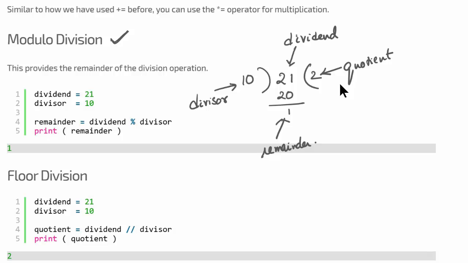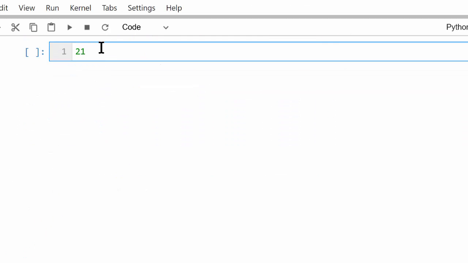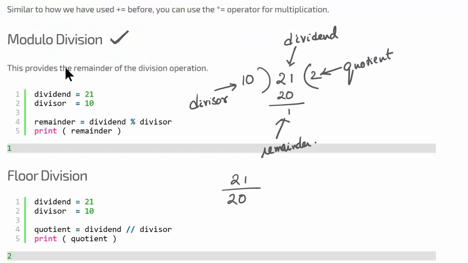Now when you divide 21 by 20, let's do a quick division. What is 21 by 20? Execute, shift enter, 1.05. So when you do this, the result is 1.05.